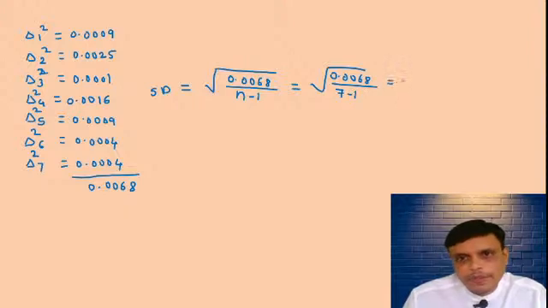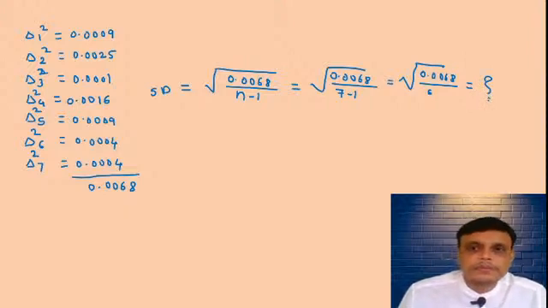So it will come 0.0068 divided by 6. How much is this? कितना आ रहा है ये? अंडर रूट 0.0068 divided by 6.